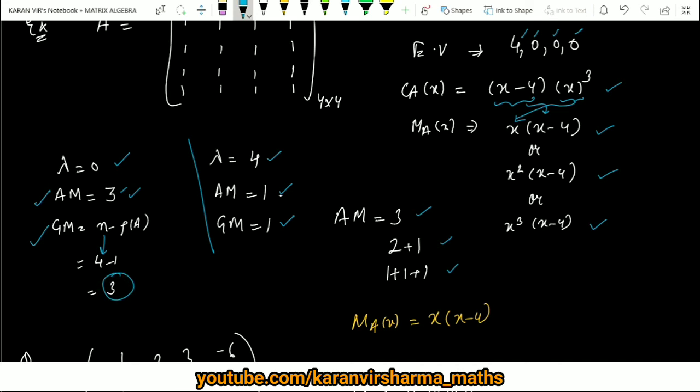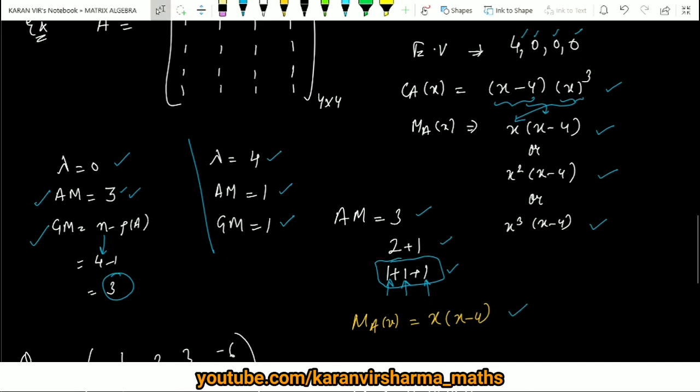GM was 3, so check which partition has that many parts. 3 parts are present only in the case 1 plus 1 plus 1. What you need to choose is the highest number out of these 3 numbers, and these are 1 only, so the highest will be 1. So the minimal polynomial corresponding to this will be x into x minus 4. I hope you have understood this trick.